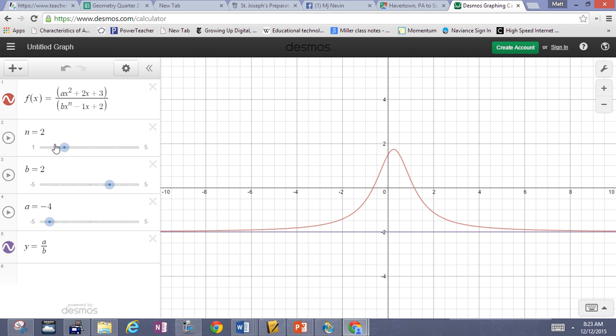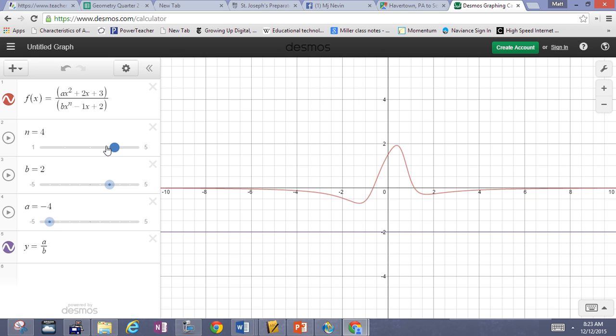over B. However, when the denominator has a power in excess, we can see here's the ratio of A over B by this purple line down here, but here's our horizontal asymptote every time.